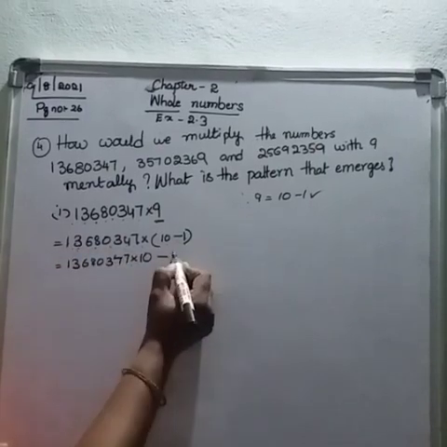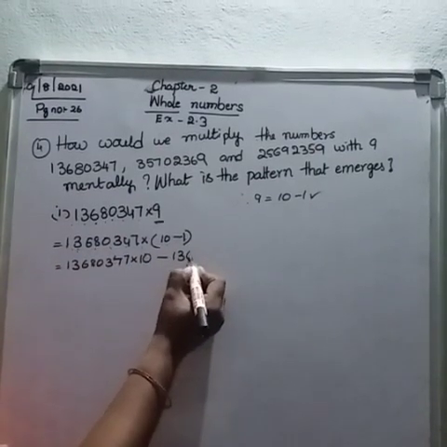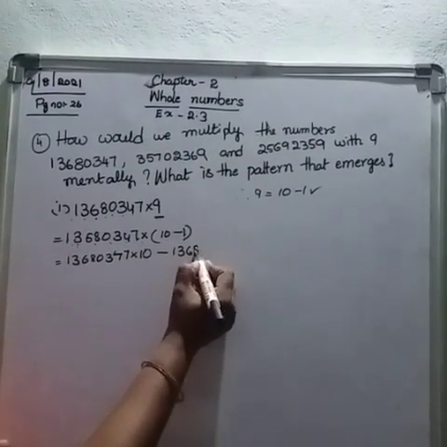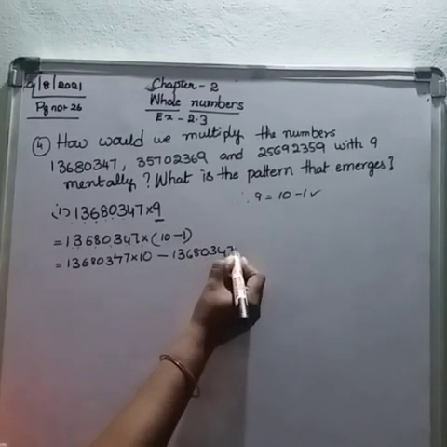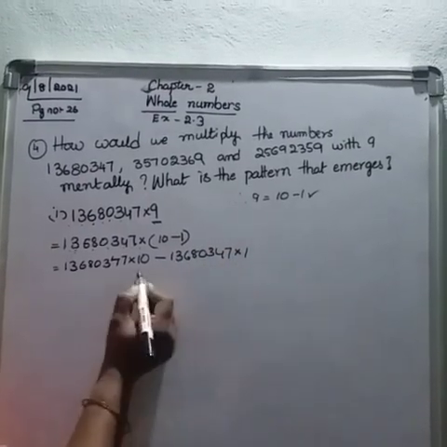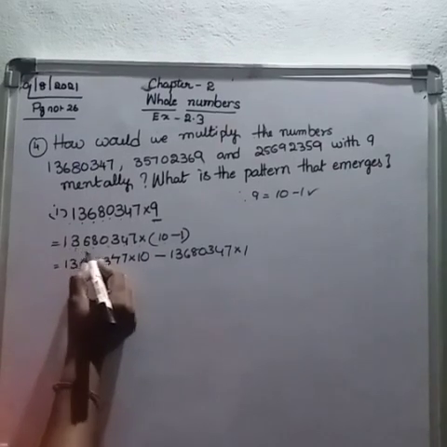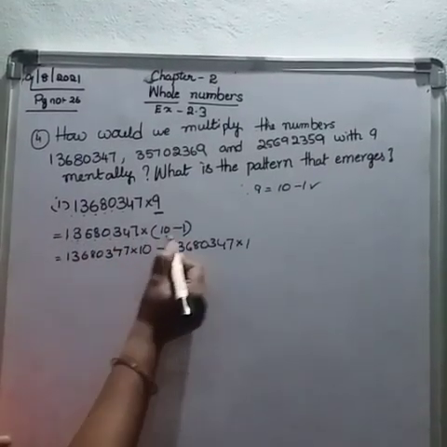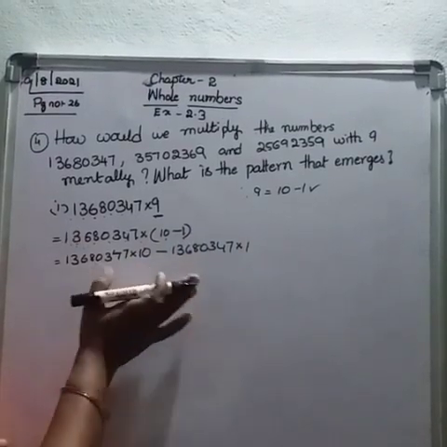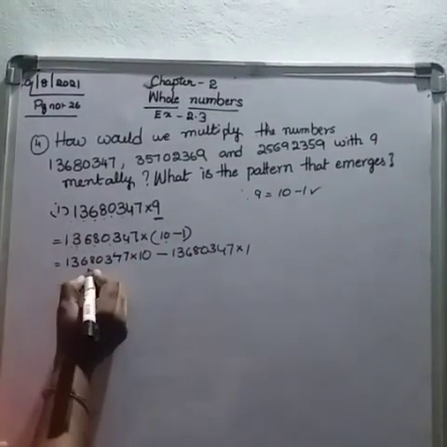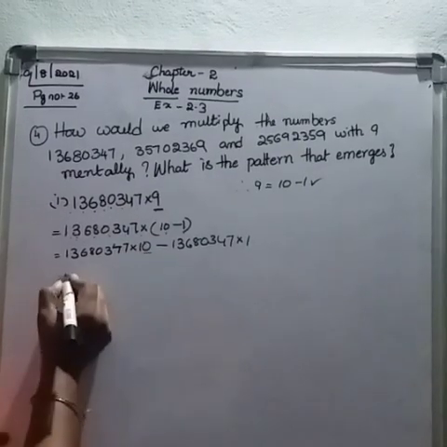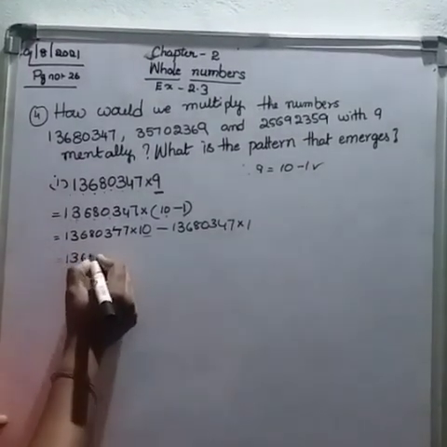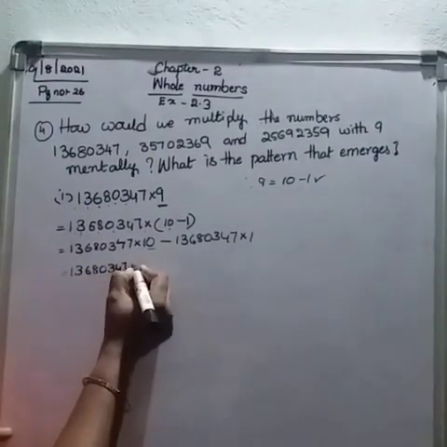Then 13 crore 68 lakhs 347 into 1. Separate this like that. When we multiply by 10, we only add one more 0. So 13680347 into 10 equals 136803470.